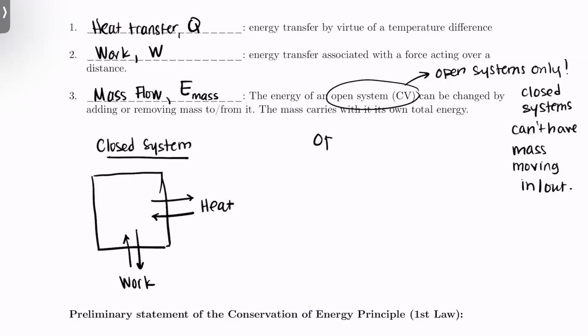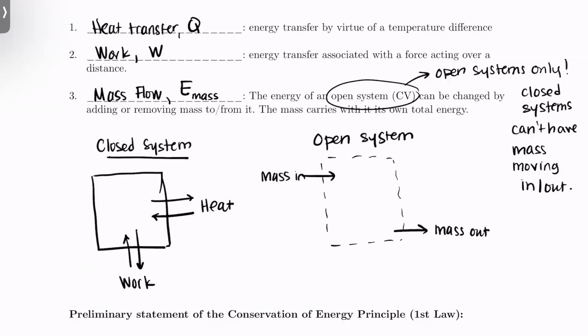If we have an open system, then that means that we can have mass in as well as mass out. And then this would be E mass in and E mass out. And then we still have the opportunity for heat and work in this system.